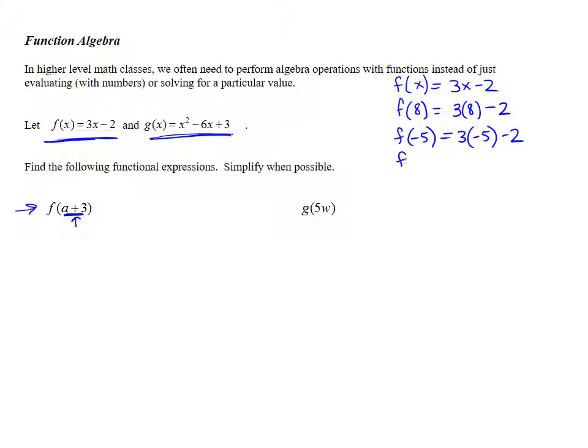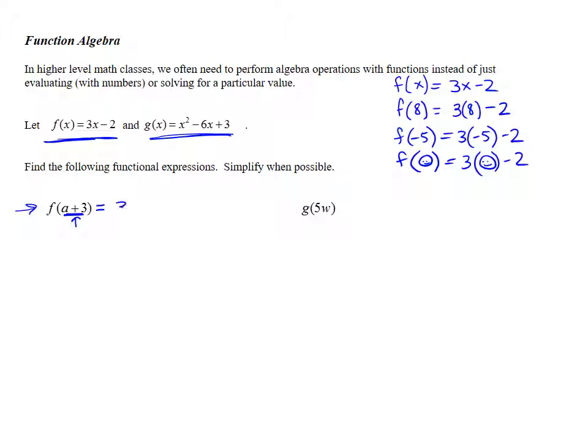If we have, say, here's something silly, f of smiley face, then we would put smiley face in wherever we see x and calculate if possible. So here what we have is a plus 3. So the idea is we're going to do the same thing we would do with any number or silly happy face. We're going to put a plus 3 in wherever we see x.